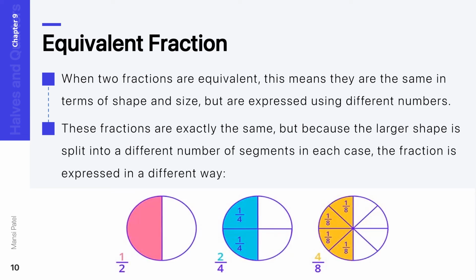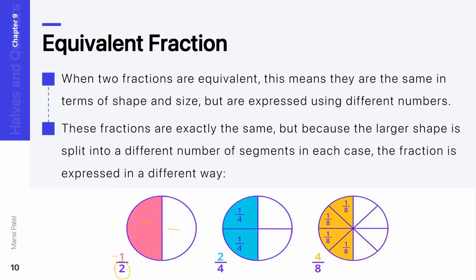See here. In this example, the first circle is divided into two parts, the first part and the second part. And after that, out of these two parts, they color one part. So what is the fraction of this figure?